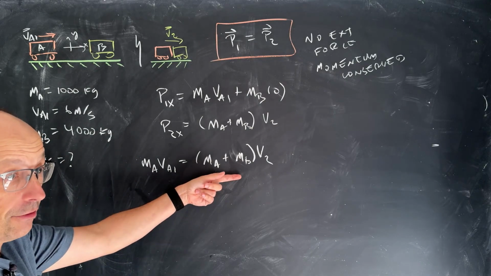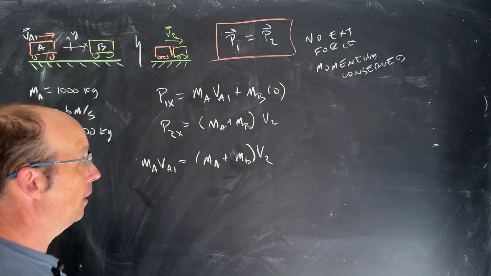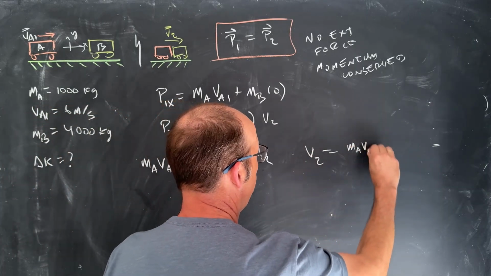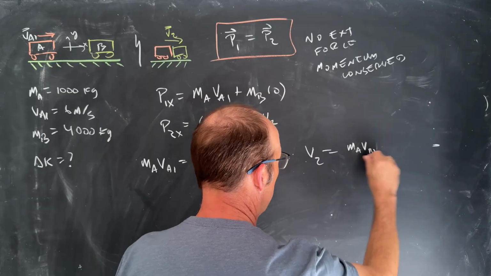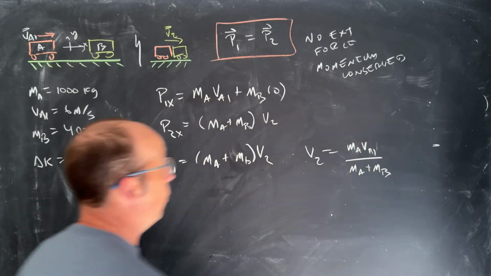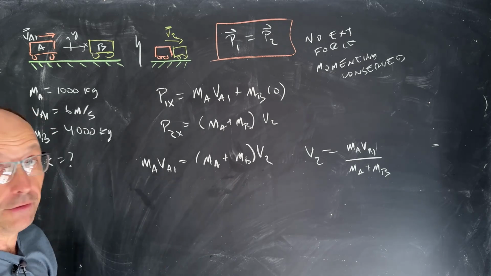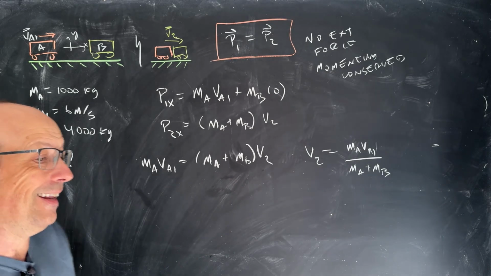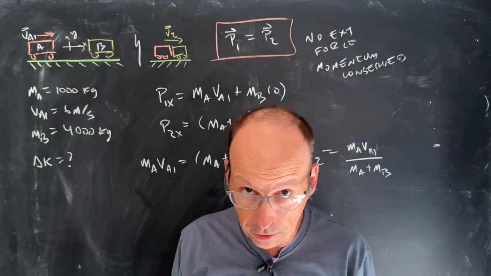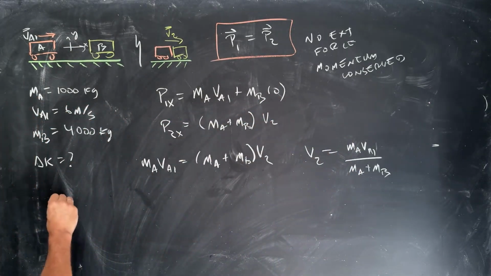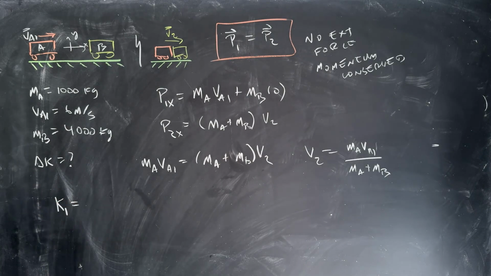But now I can take this equation and I can solve for V2. So let's do that. V2 is going to be MA VA1 divided by MA plus MB. We have all these numbers, so I can get that final velocity. But the question doesn't ask for the final velocity. The question asks for the change in kinetic energy. So let's calculate the initial kinetic energy. I can call that K1.